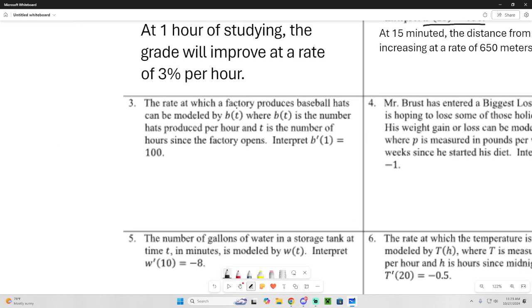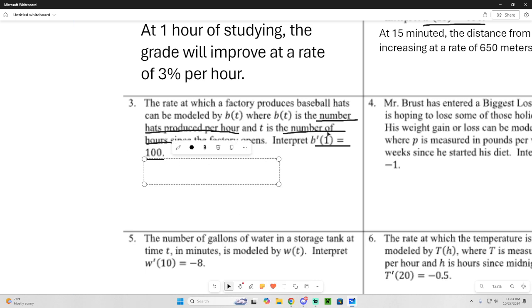The rate at which a factory produces baseball hats can be modeled by b of t, where b of t is the number of hats produced per hour. This is our dependent variable, number of hats produced per hour, and t is the number of hours since the factory opens. We interpret b prime of 1 equals 100. So first of all, we have our independent variable.